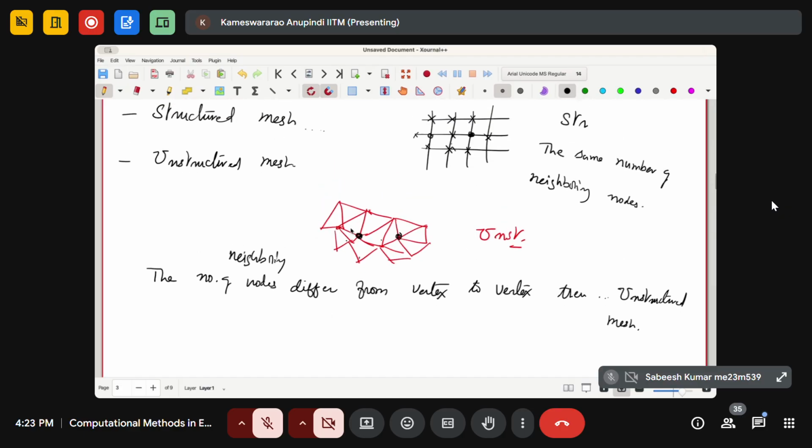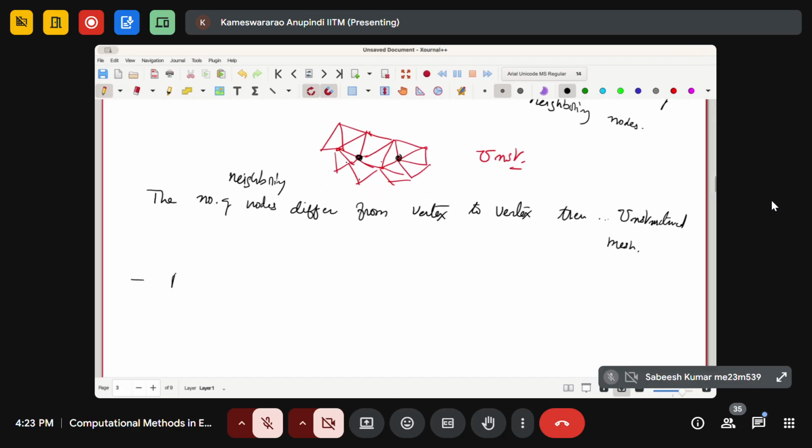Fine. So in general, your finite difference methods are typically applied to structured meshes. They are not very much applied to unstructured meshes, whereas your finite volume methods and finite element methods are typically applied to unstructured meshes.